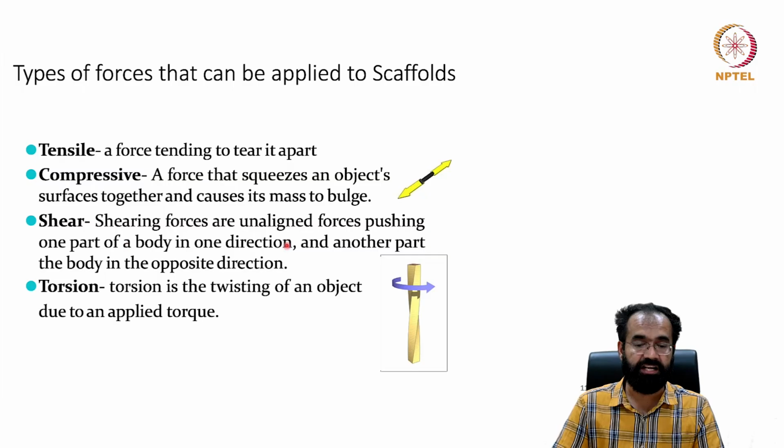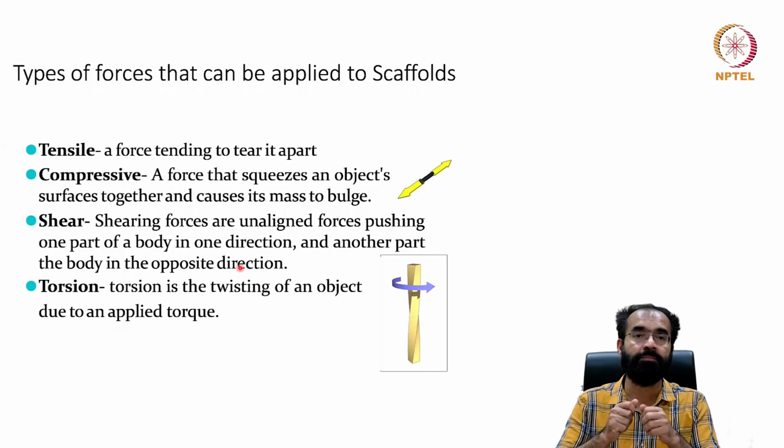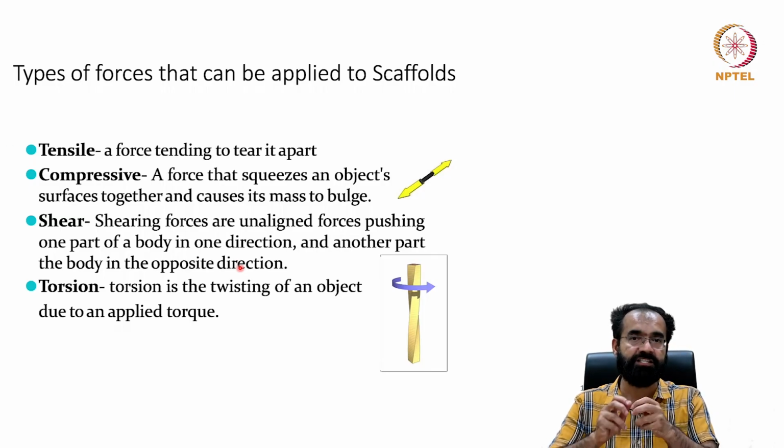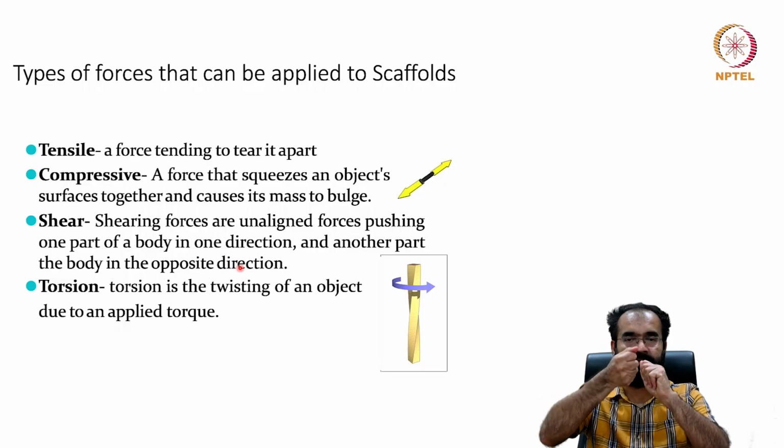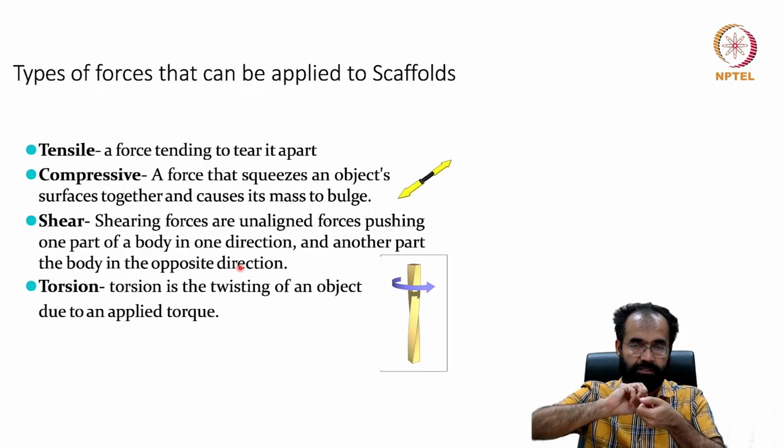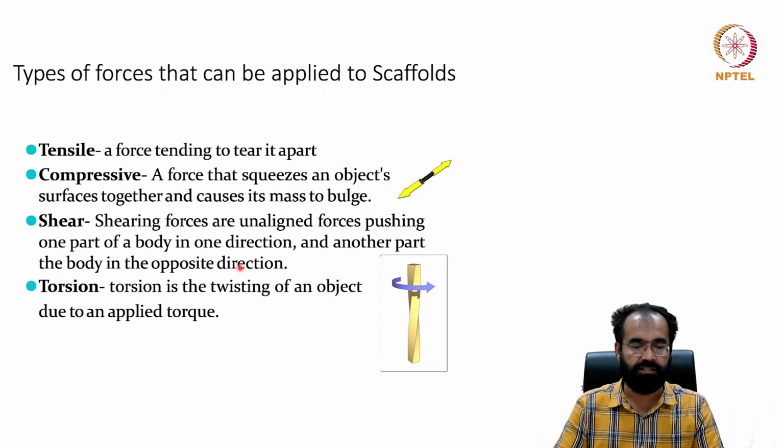And then shearing force are unaligned forces pushing one part of the body in one direction and another part of the body in the opposite direction. And it's different from tensile stress. This one, shear stress, is like you are twisting something, that is shear stress. It's not just uniform, like you take a cloth and you twist it, that is shear stress.